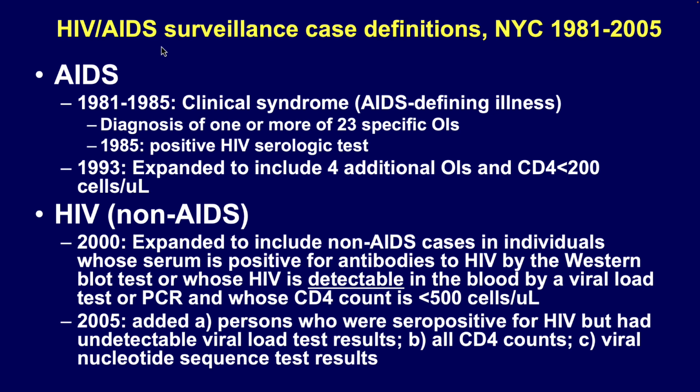This is because, as we saw, successful treatment suppresses the virus, keeps CD4 levels high, and reduces HIV viral load to levels that are undetectable in the blood, even though it was still present as an infection. However, after a few years of experience with the surveillance system, undetectable viral load test results, all CD4 counts, and HIV genotyping from resistance testing were added as reporting requirements by laboratories.